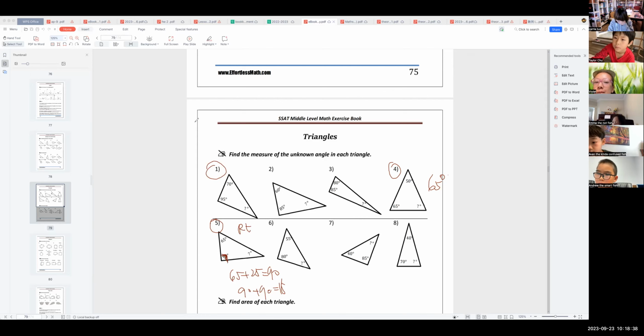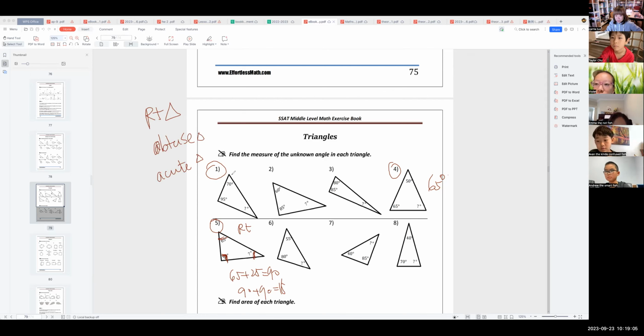Complementary angles are 2 angles that add together to equal 90. So when we're talking about the name of the triangle, we have right triangle, obtuse triangle, and acute triangle, correct? And then there's scalene, isosceles, and equilateral, right?